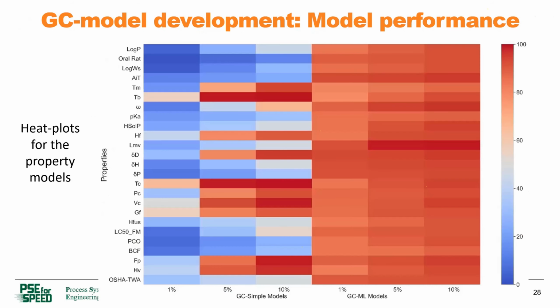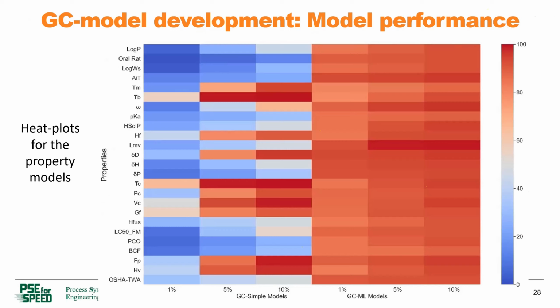What is the result of the modeling? If you see the figures on the right-hand side, they are red. And the more red they are, the better they are. You can see that even for 1% error, GCML, the machine learning model, is doing very well.